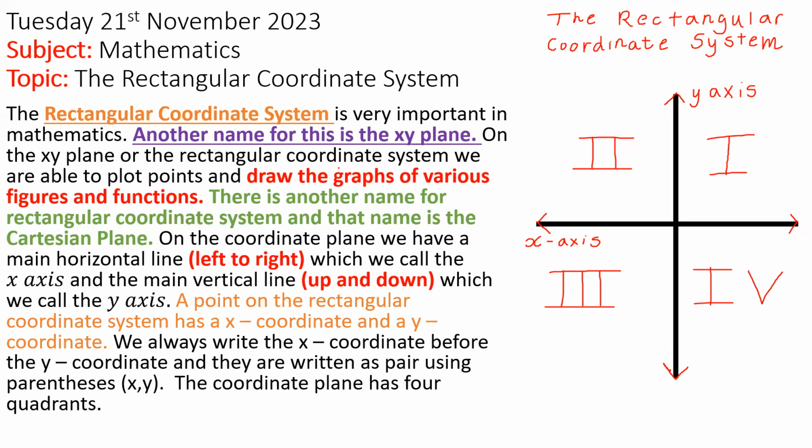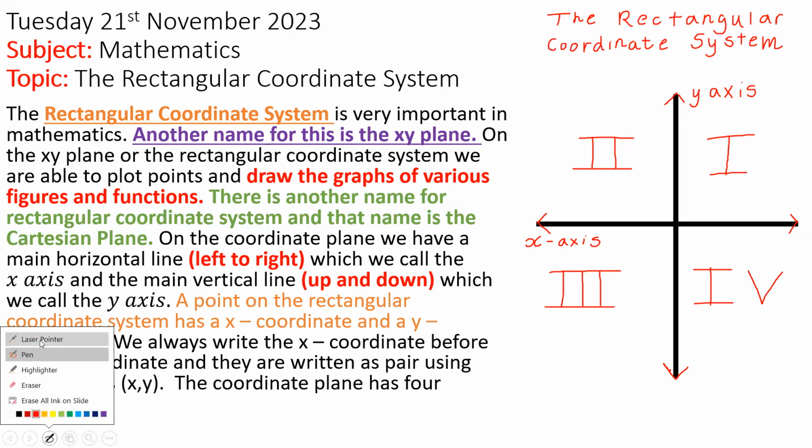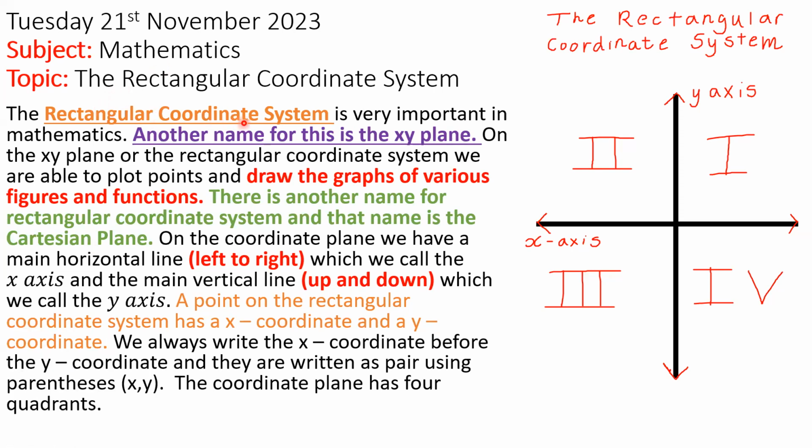Yes, sir, please. Okay, so basically, all I said was that there are different names for the rectangular coordinate system. One of the names is, we call it the XY plane, right? That's one name. Another name is Cartesian plane. So this right here is the rectangular coordinate system.